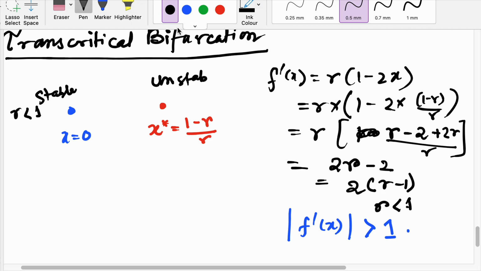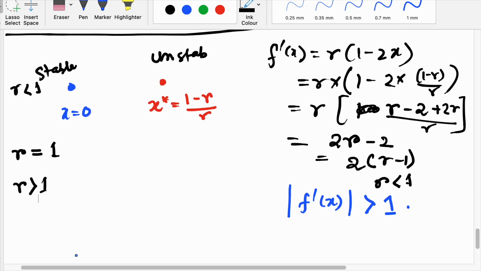Now if I change the r through this point r equal to 1 and r becomes greater than 1, then you see the stability of these two fixed points changes.